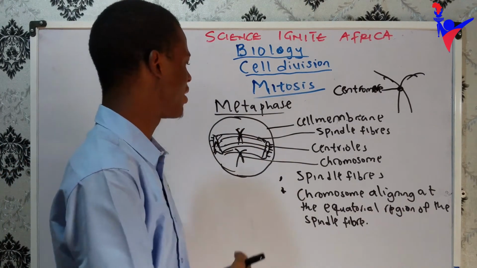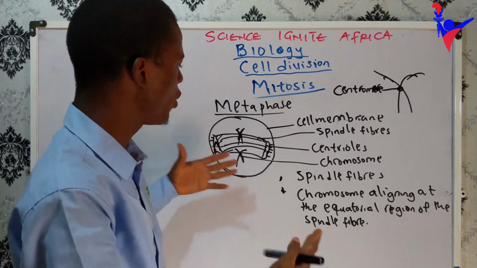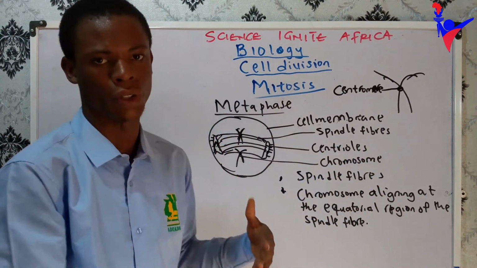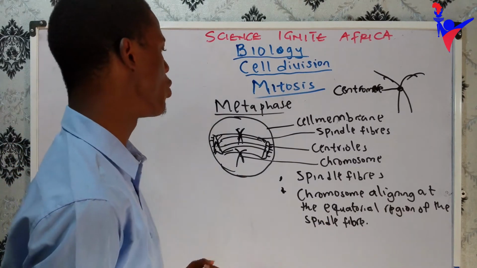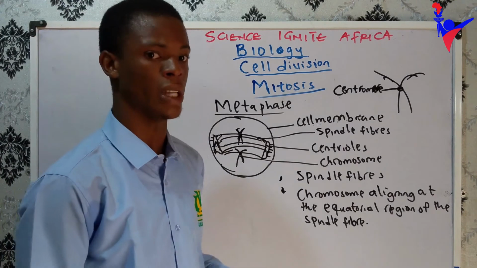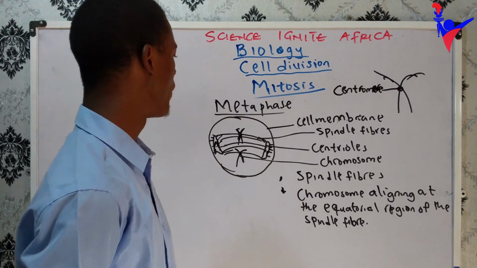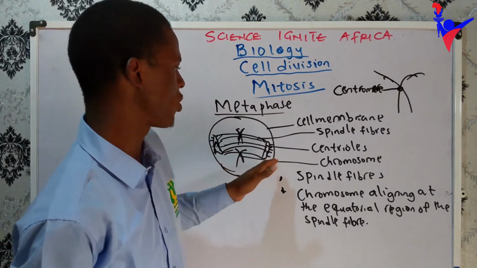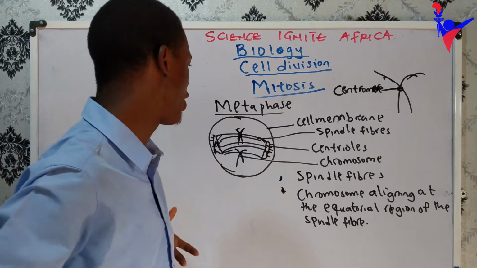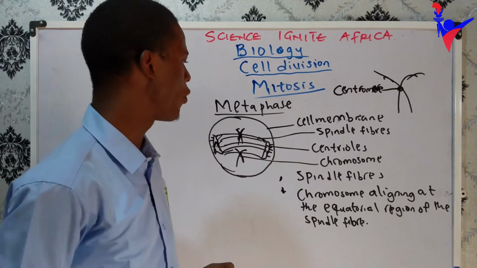This is what characterizes it. Your chromosomes are at the center, and your spindle fibers are the thread-like structures that allow the chromosomes to move. You also have the centromere joining them together, and you have your centrioles. Your centrioles are at the opposite poles, and they form the spindle fibers.